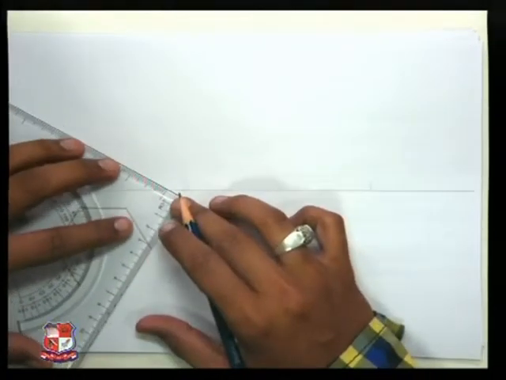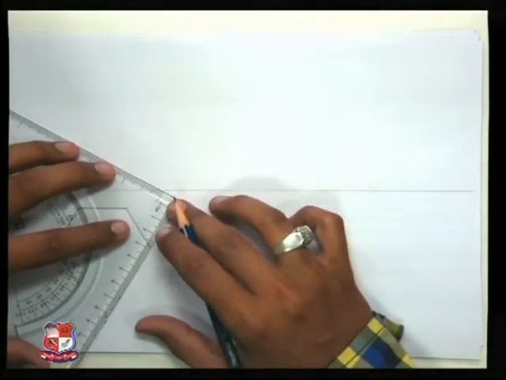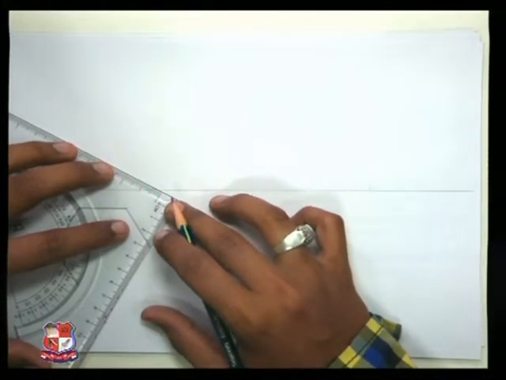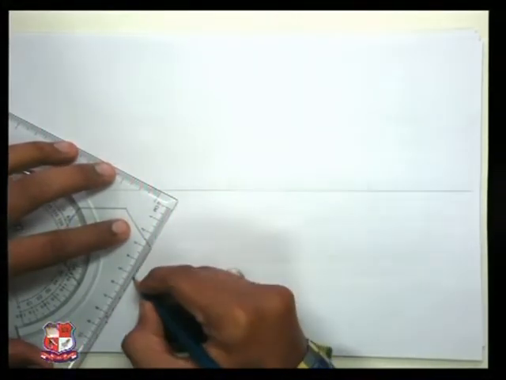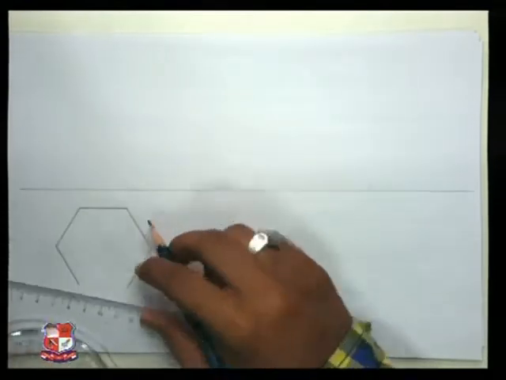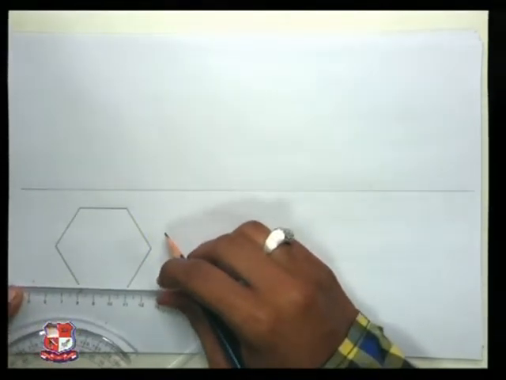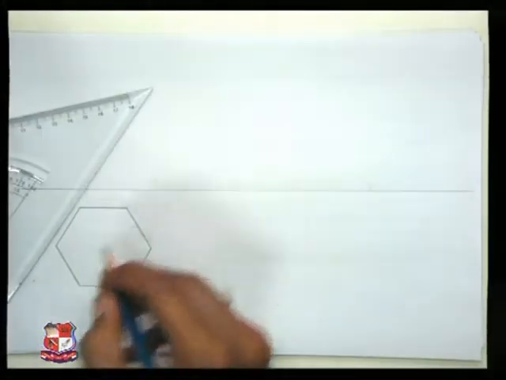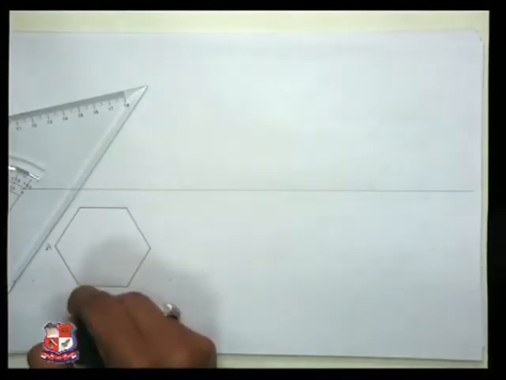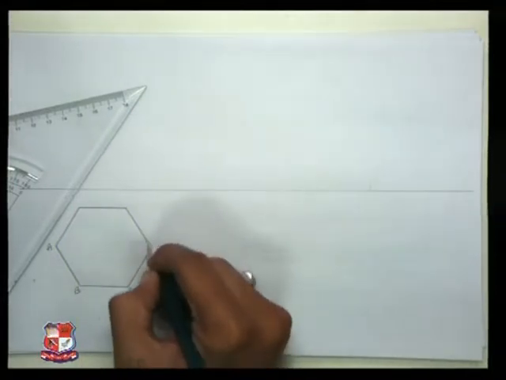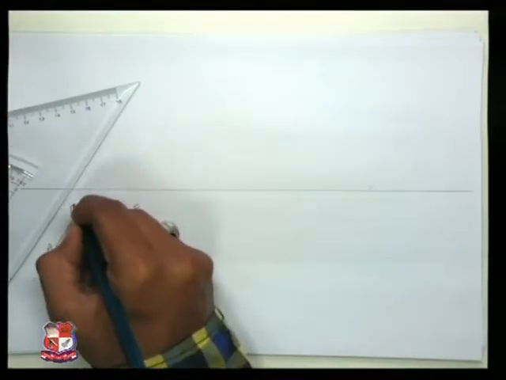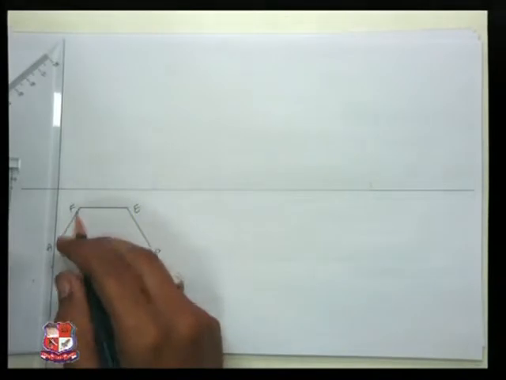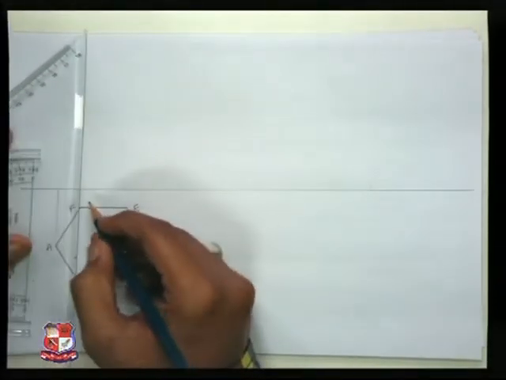Side would be 30 mm each. As you can see, all the sides are of 30 mm. Name it A, B, C, D, E and F. Take projections of it to the XY line.